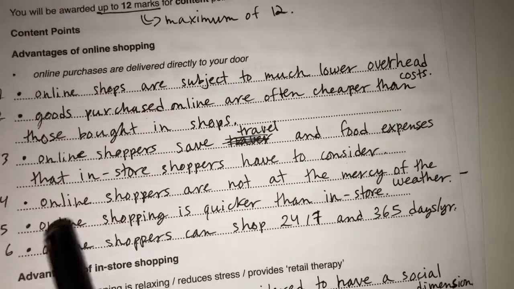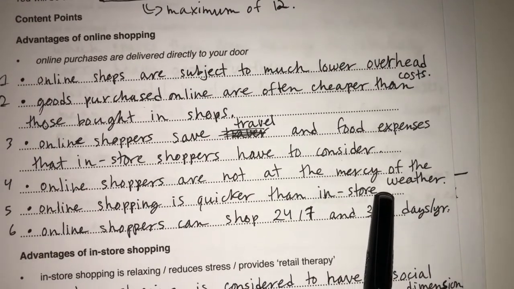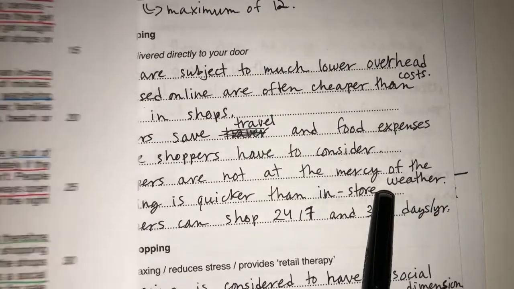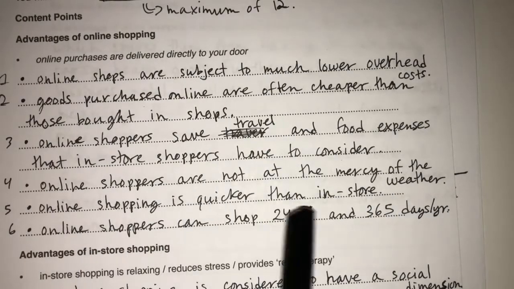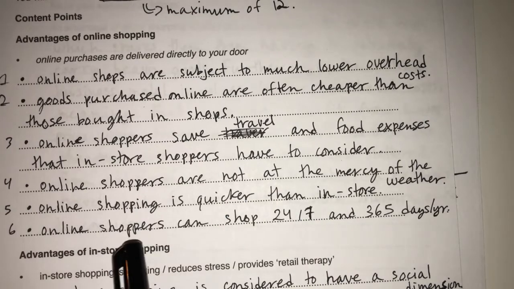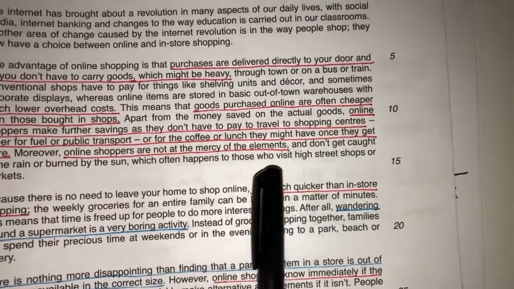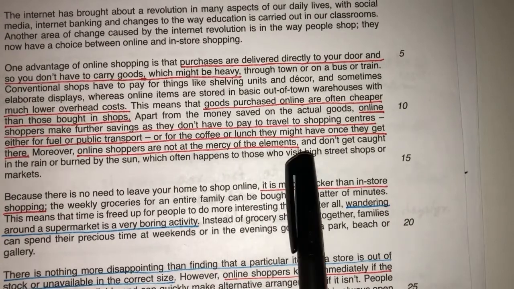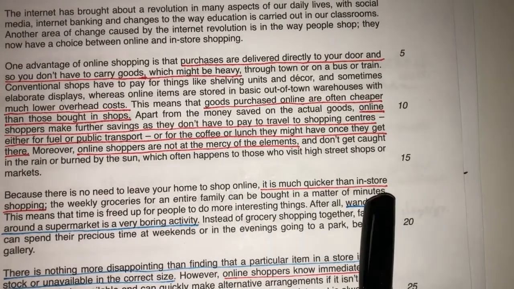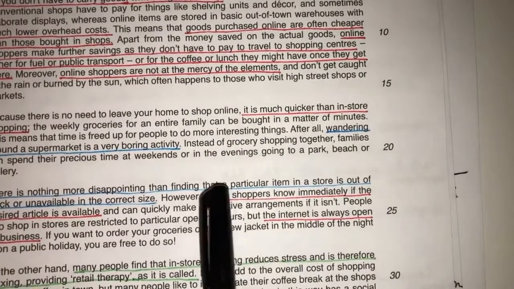Okay, next point, online shoppers are not at the mercy of weather. It's quicker than in-store, and they can shop 24/7. Are not at the mercy of the elements, quicker, and 24/7.